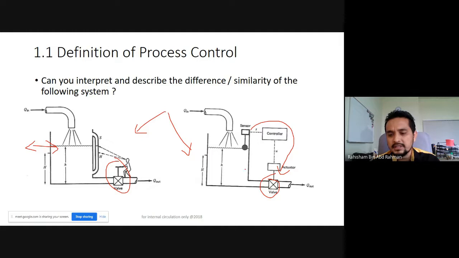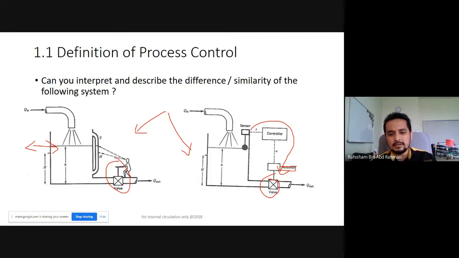Okay, it will send the signal to the valve through this one, the actuator. The actuator is the one, because the sensor itself cannot. You understand, the sensor in this case is actually mechanical, a floating ball, and some sensors may just measure voltage and current.